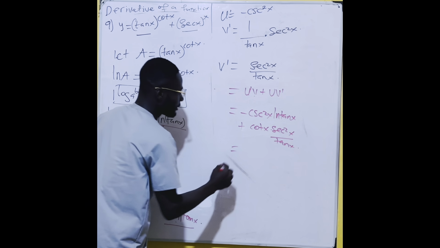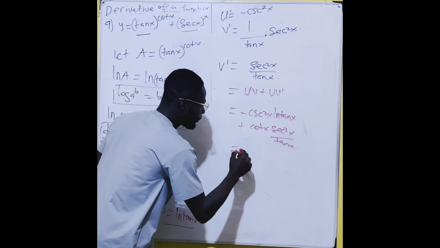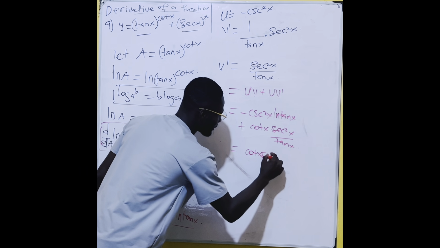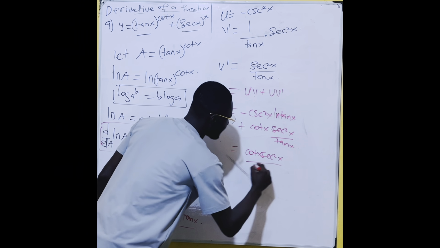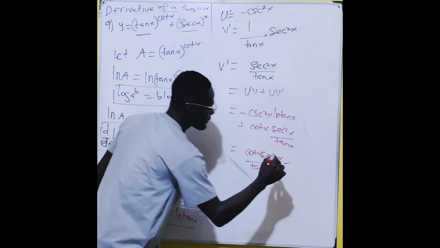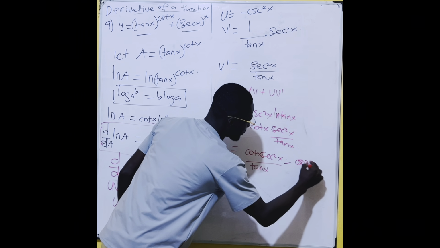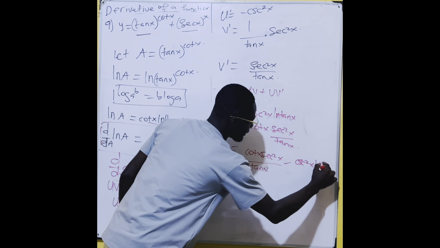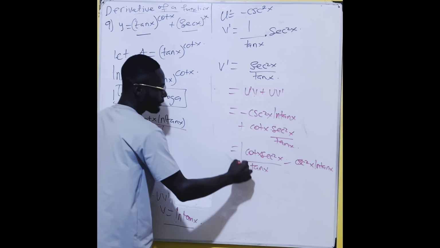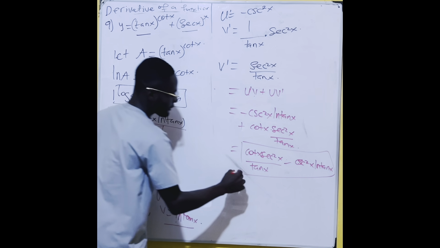So we can say that in all, we have cot x sec squared x divided by tan x minus cosec squared x ln tan x. Right, so that is for the right hand side.